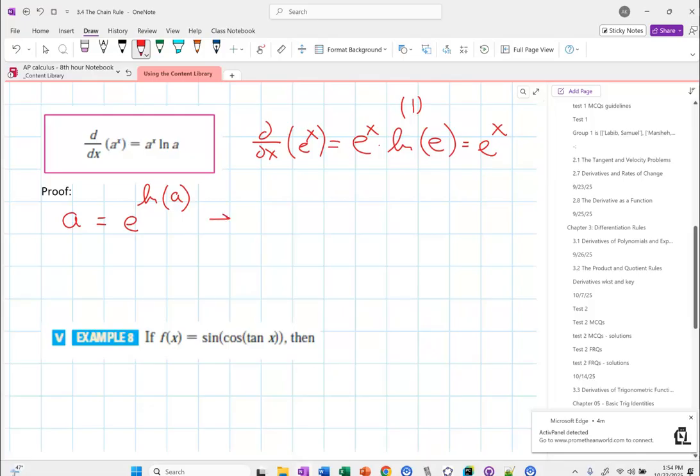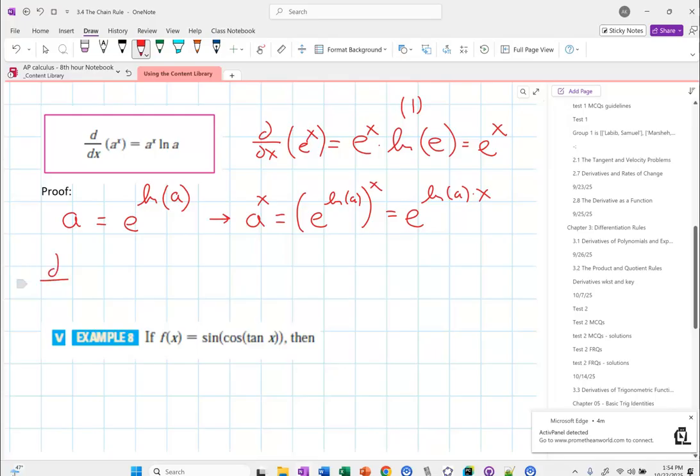So then a to the x can just be e to the natural log of a, all to the x. Everybody feel okay there? And then when I have an exponent of an exponent like that, how do I simplify that? Multiply. So we'll just write this as e to the natural log of a times x. Everybody feel good there?